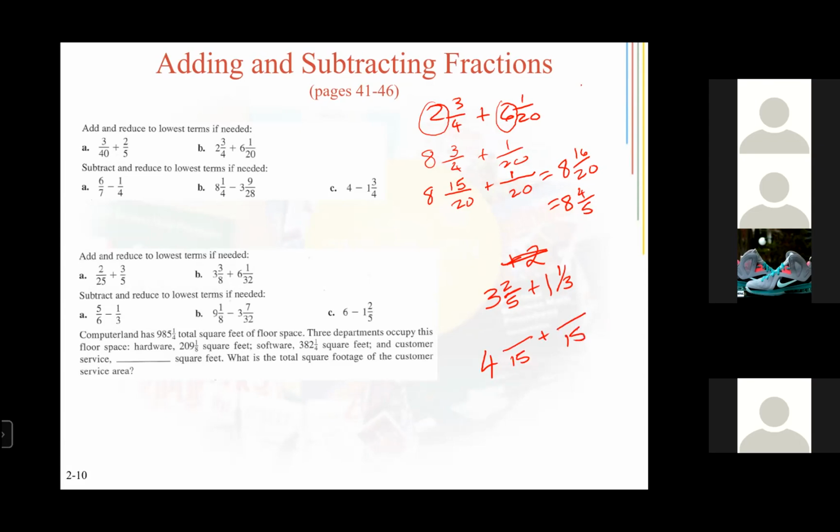And then when you change 2/5 to something out of 15, what's the numerator? What are we multiplying the 5 by at the denominator to get the 15 at the other denominator?